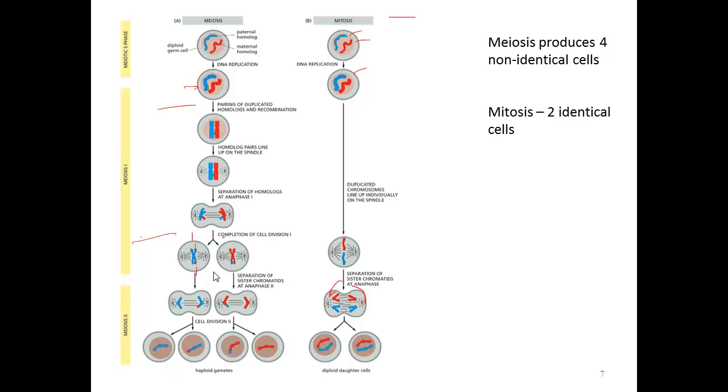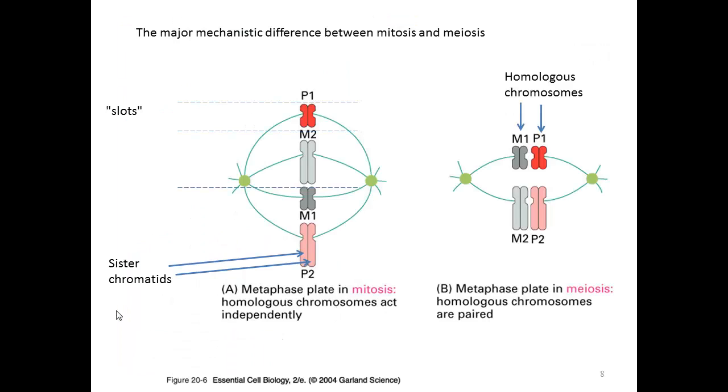Because I should have mentioned we've had one cell division producing two, and then each of these two cells will divide again, producing four cells, and they all four would be unique, although only two chromosomes are unique here. You actually have crossing over of all four sister chromatids. These gamete cells are all haploid. The book labels it here as meiosis 1 and meiosis 2, but it's all one meiotic division.